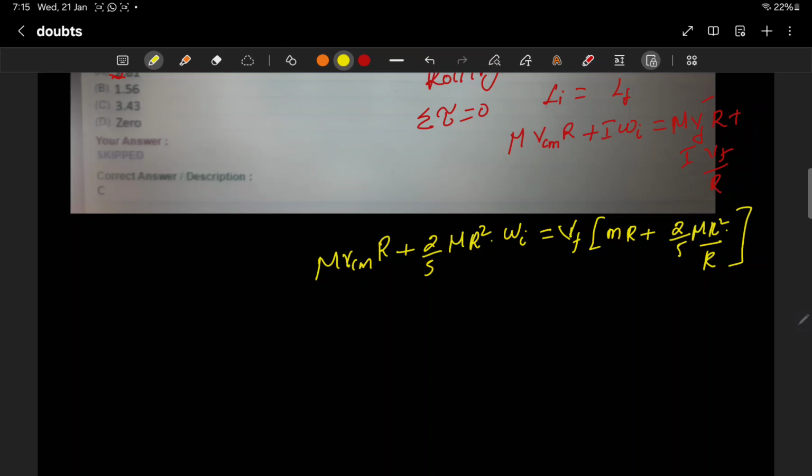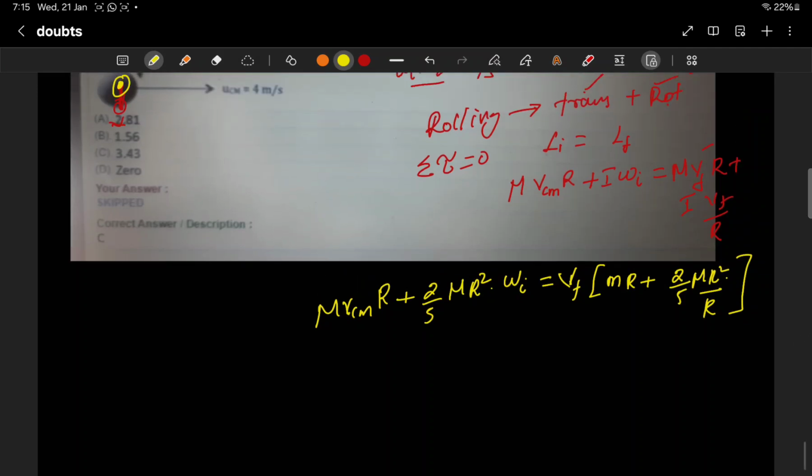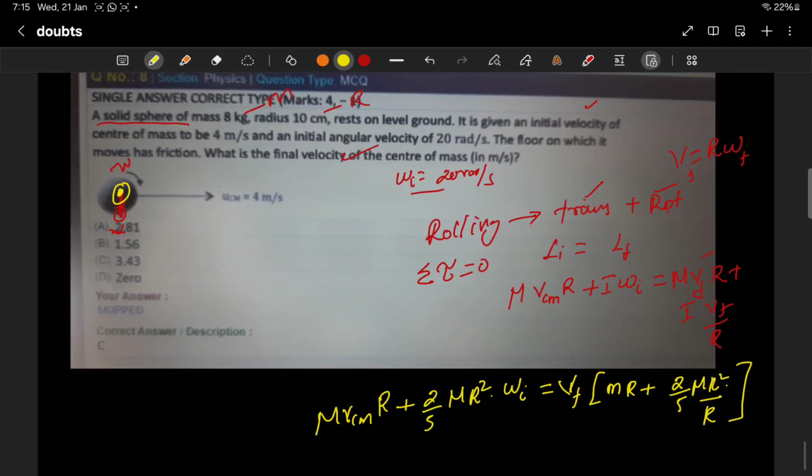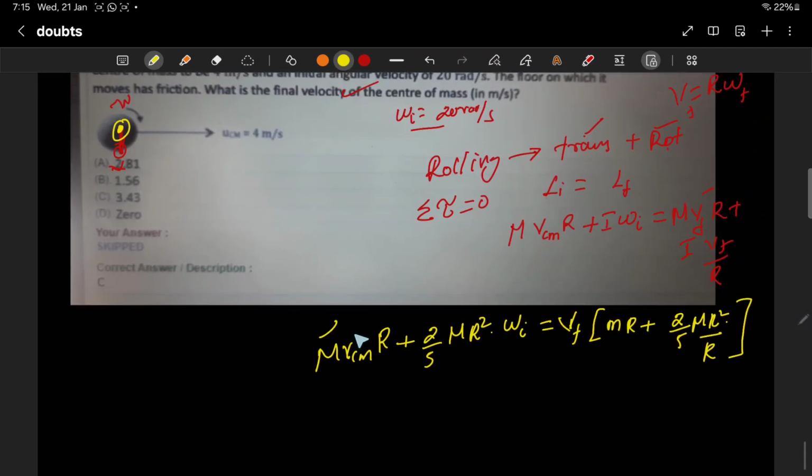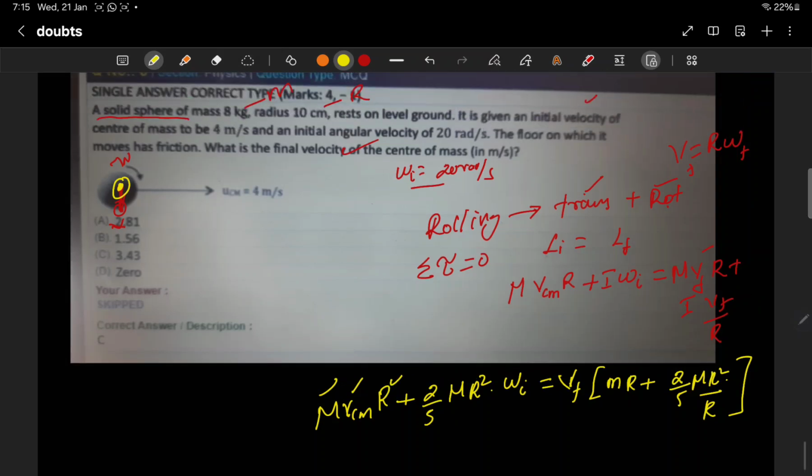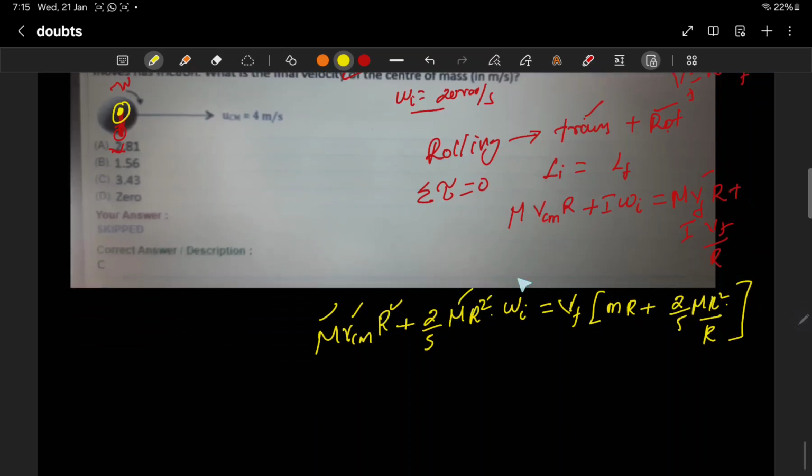Okay, so here what values do we have? Mass is given, everything we have. m we have, initial velocity of the center of mass we have, radius is given as 10 centimeter. Omega I is given, vf we have to find, everything is given.